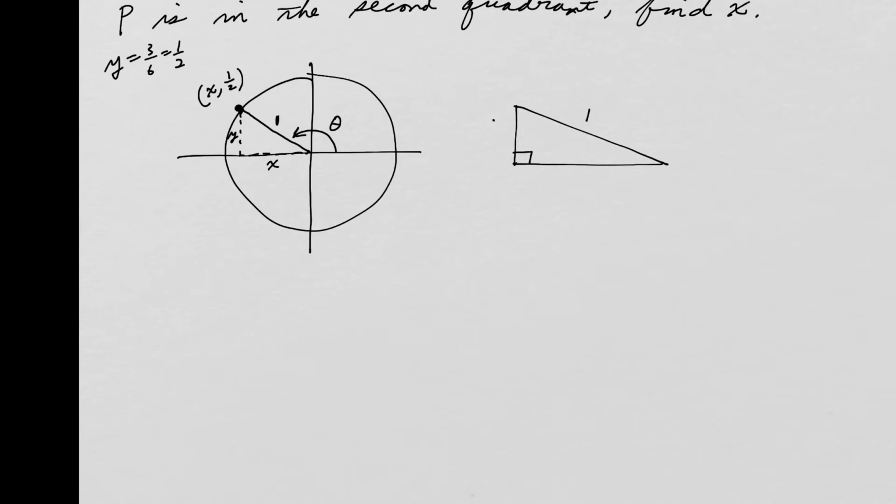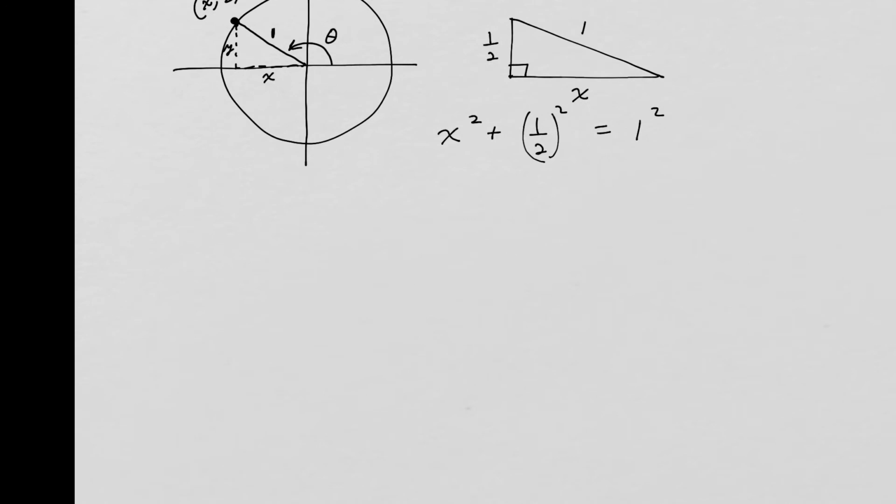So this is 1, this is 1/2, this is x. So I know that x squared plus 1/2 squared, just using the Pythagorean theorem, equals 1 squared. So this is x squared plus 1/4 is equal to 1.